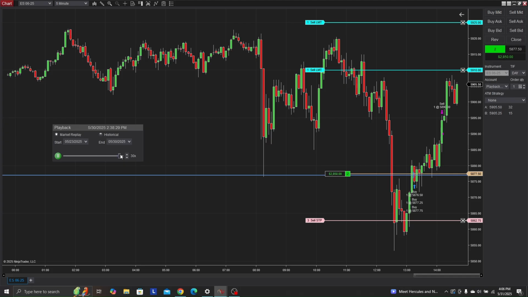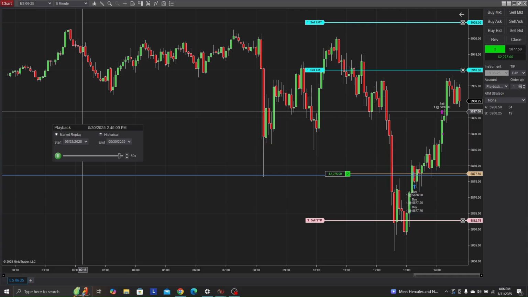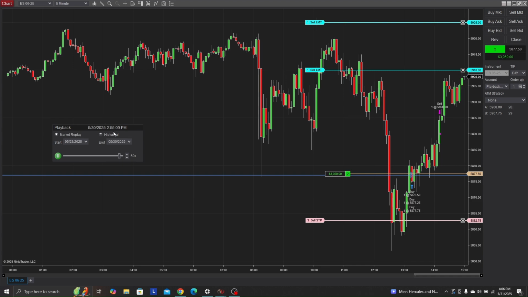All right, let's speed this up a little bit more. 50 times speed. We can see the timestamps right here. This is an afternoon trade, so markets do tend to move a little slower in the afternoons, but the logic still applies.